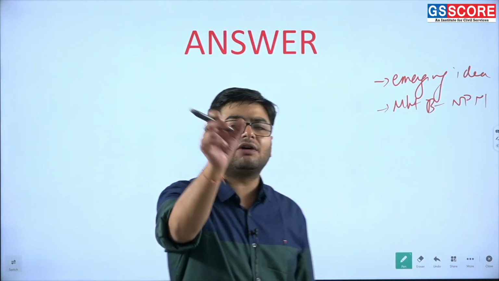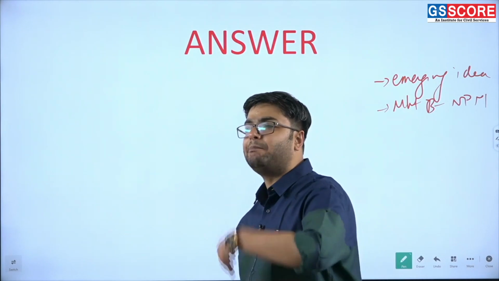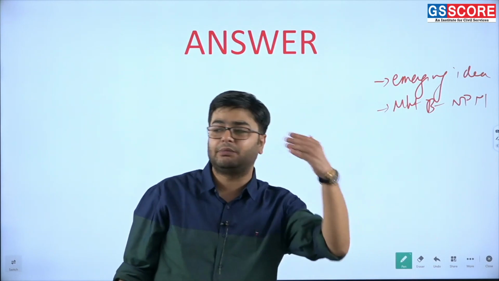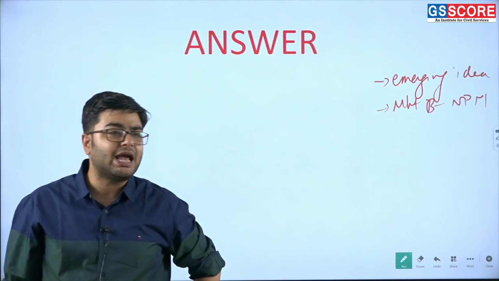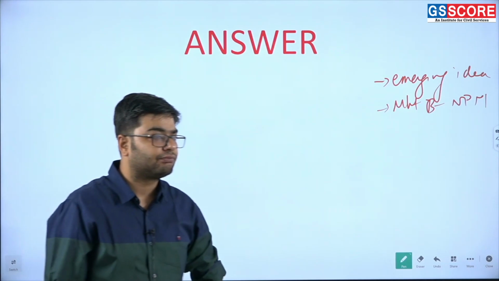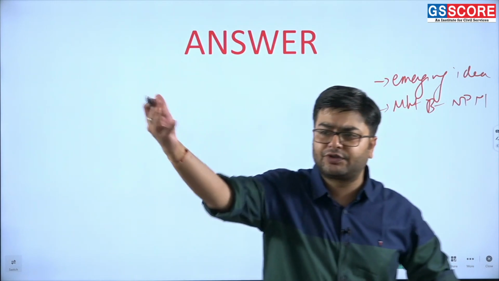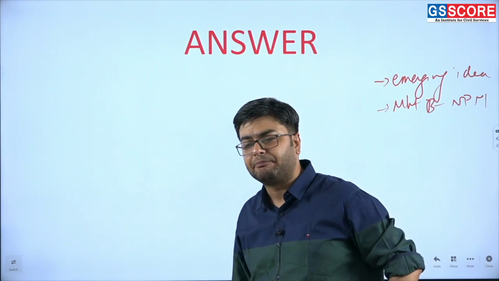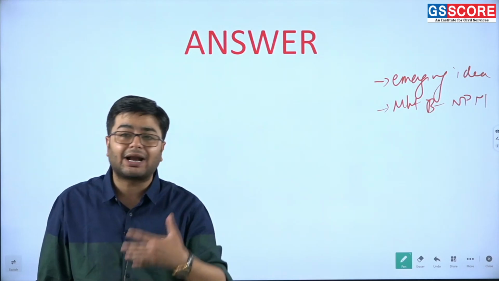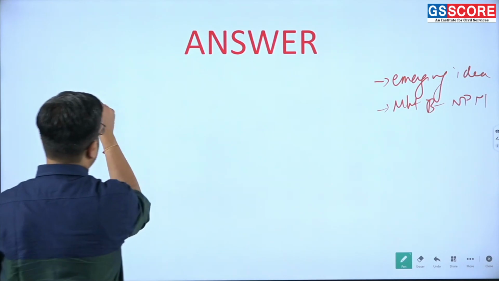So new public governance emerges as a betterment over NPM, which emerged as a betterment over the TPA or traditional public administration. And it improves the mechanism enunciated by the NPM through more democratic governance.